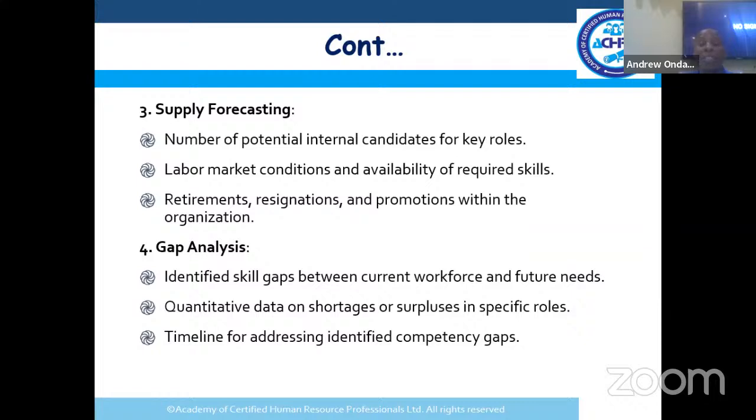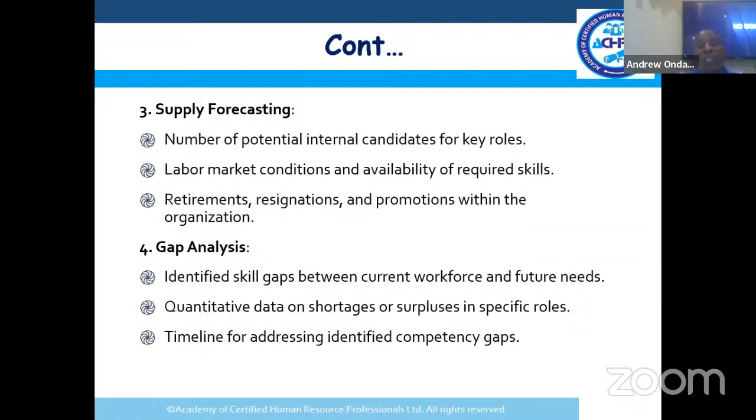So either way, there is a number that is affected in supply forecasting. So when you focus on this supply, you are looking at retirement, resignation, and promotions, and how they affect the numbers that we are likely to have in future.